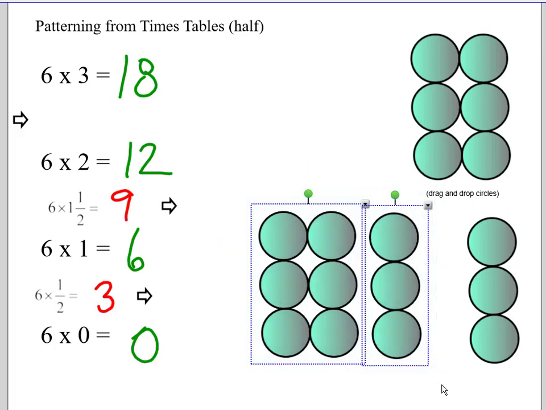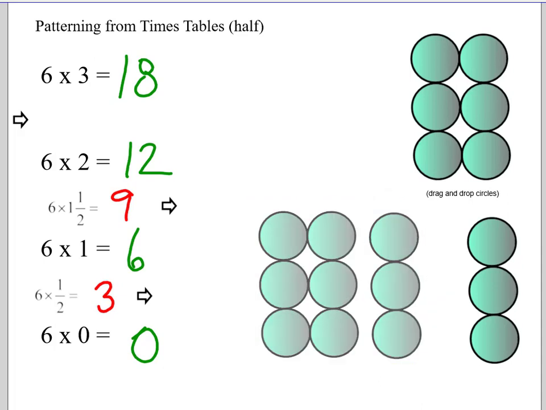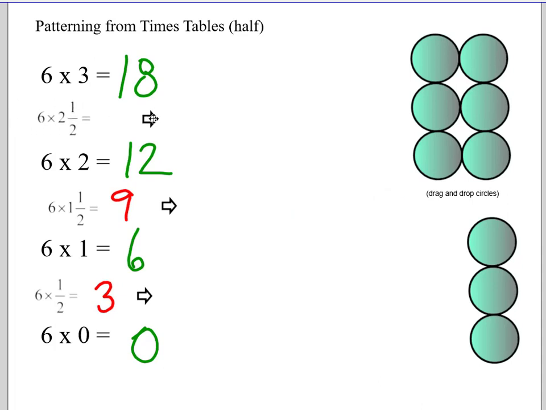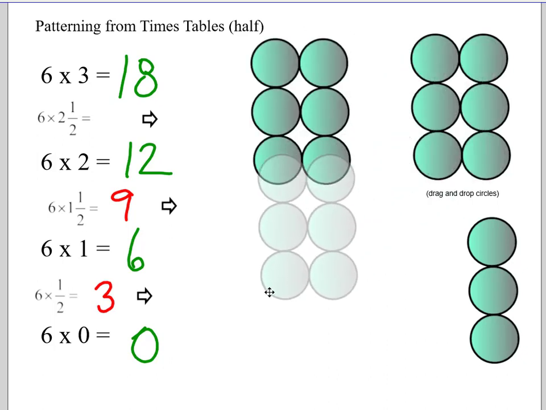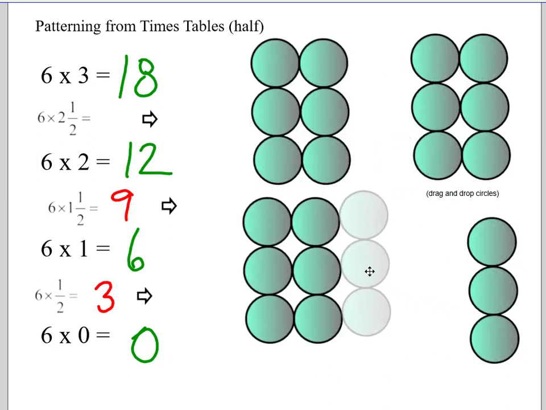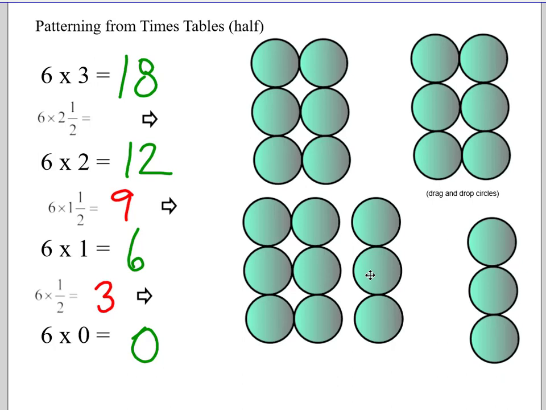Absolutely. Okay, so let's get rid of those, and let's do one more. 6 times 2.5. Well, that means I have two full groups of 6 and 1/2 of a group of 6, which is 3. And if we count those all up, we come up with 15, and 15 fits in between 12 and 18. Okay, so that's just looking at some patterning and how we can break some numbers down.